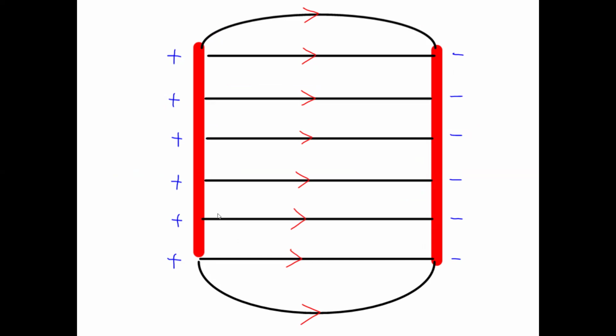These are the two parallel plates, facing each other. Within the region between them, the field lines are parallel to each other. So now you have to copy this diagram. This is called electric field between two parallel plates.